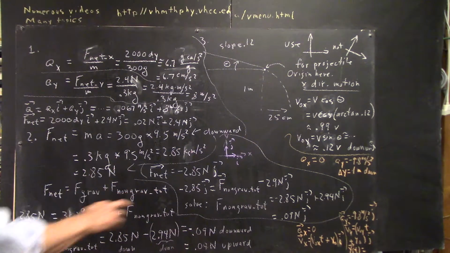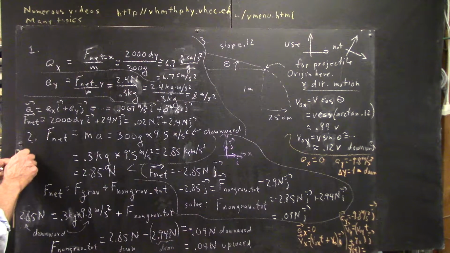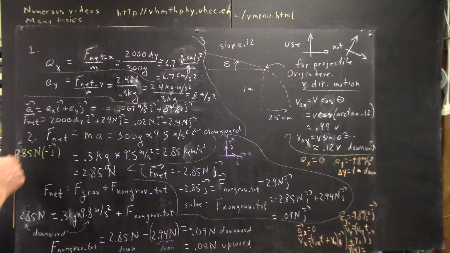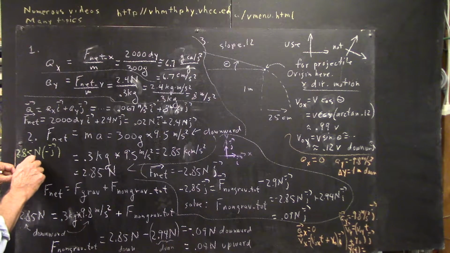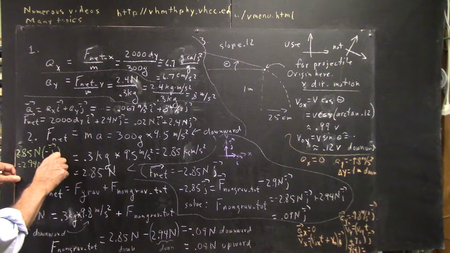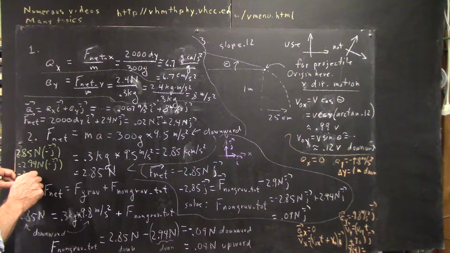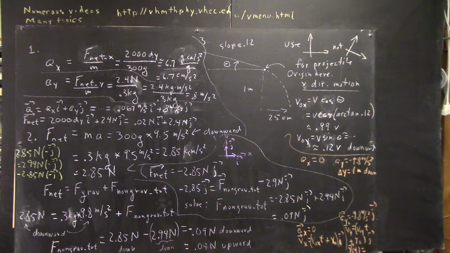So if we expressed this in vector notation, we'd have, let me do that in a different color, 2.85 newtons times negative j, if we use a standard coordinate system, equals 2.94 newtons here, which is downward, so it's 2.94 newtons times negative j, and then it's going to be minus the non-gravitational force, times negative j.